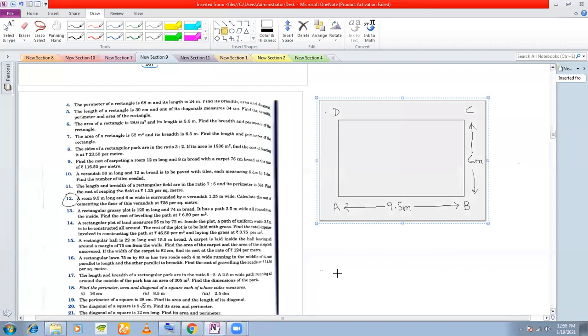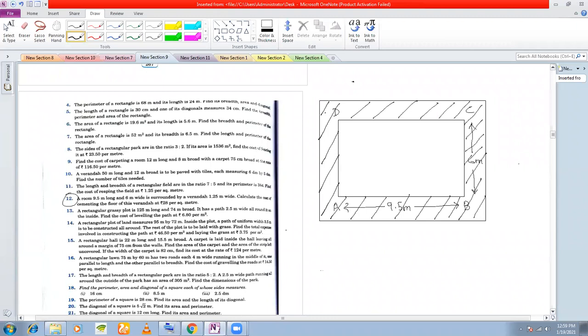This room is surrounded like this, so that this entire part becomes your veranda. This is your veranda. And what else is given? That the width of this veranda is 1.25.